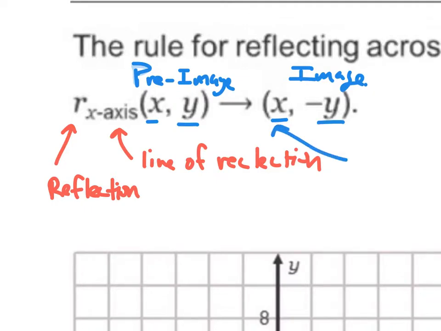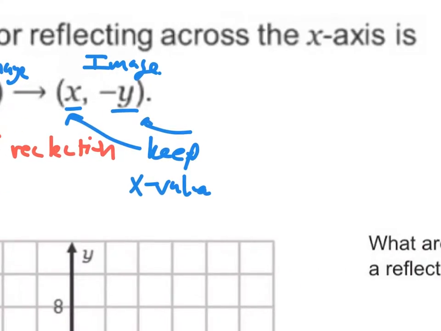So we keep the x value, and we make the y value opposite.